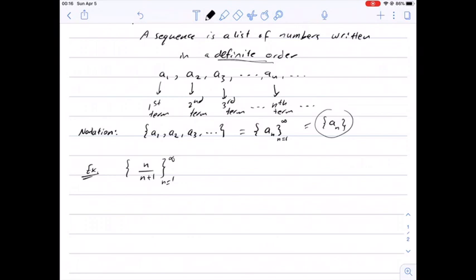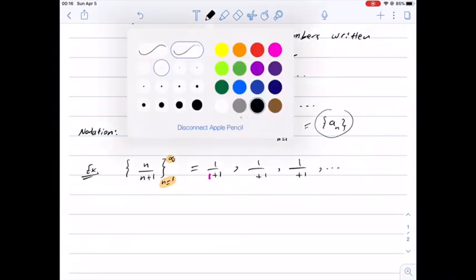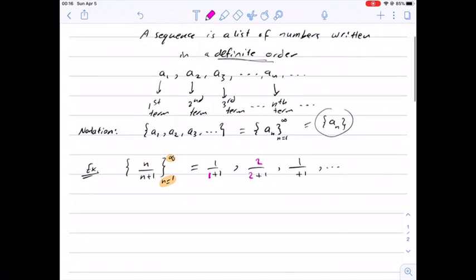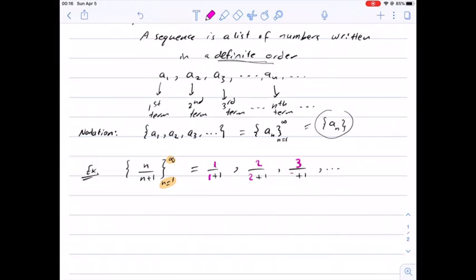Now if we want to find the terms of this sequence, we need to substitute n equals 1 first, and then n equals 2 and n equals 3 up to infinity. So let's substitute n equals 1. When n equals 1, we get 1 over 1 plus 1. If we substitute 2, we get 2 over 2 plus 1.